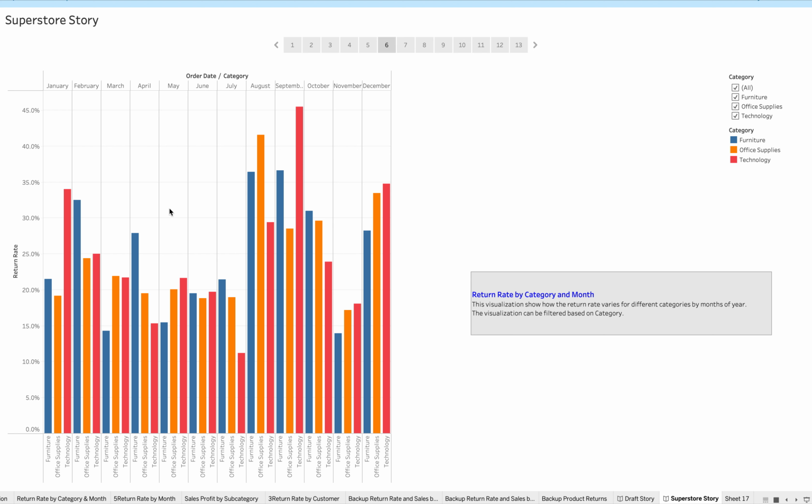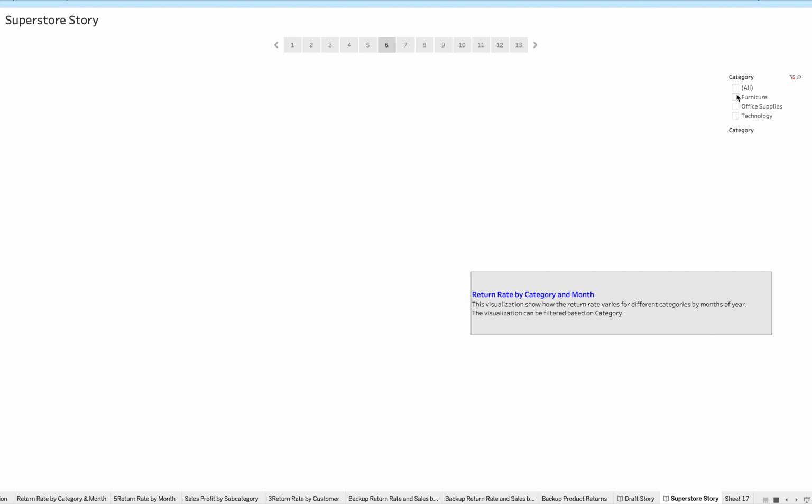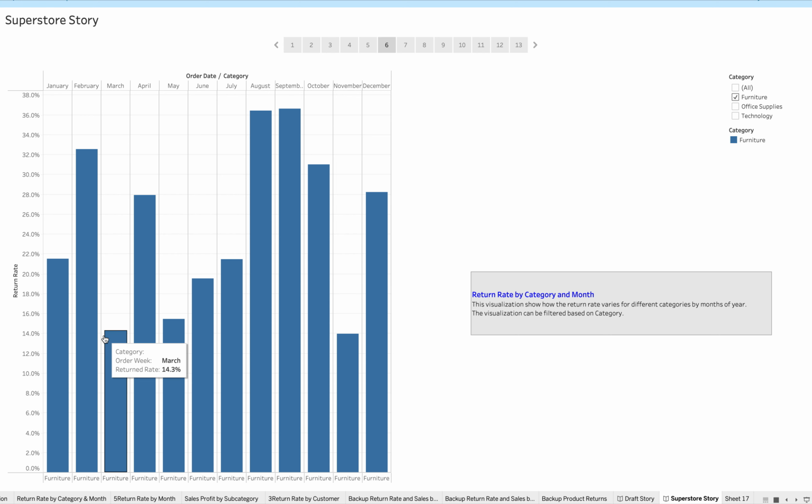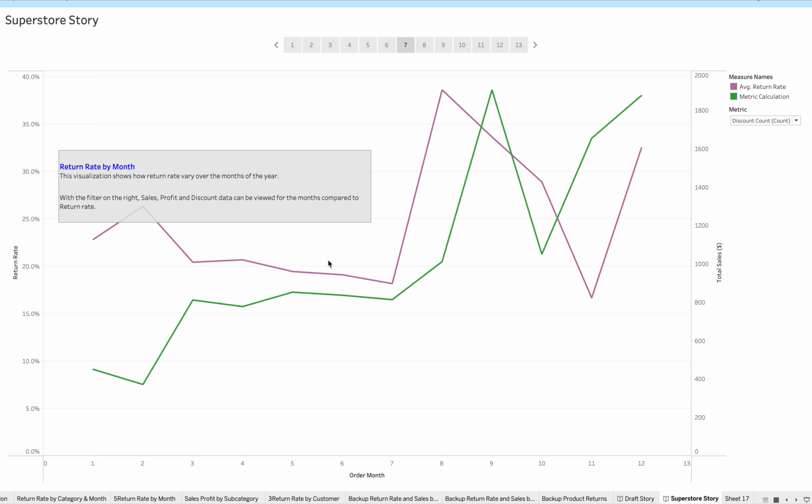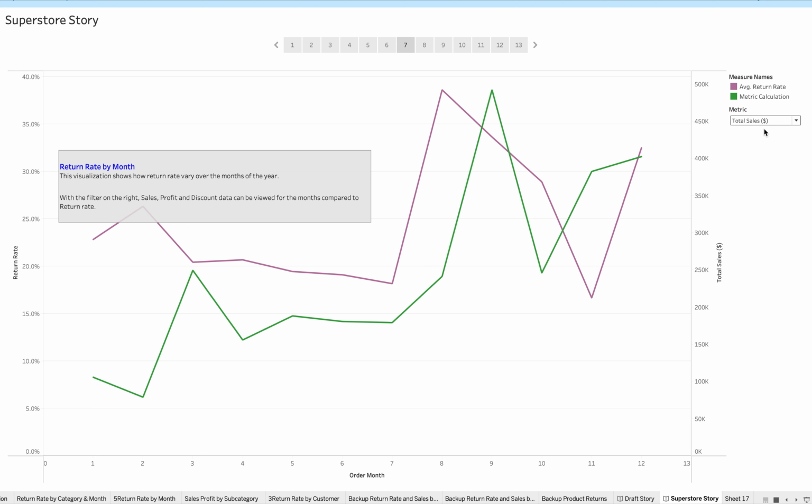Here what we see is how different categories vary in return rate across months. You can select different categories here and then analyze the return rate. This is trying to understand how return rates as well as other metrics vary across the months. So here, suppose we're trying to see total sales.